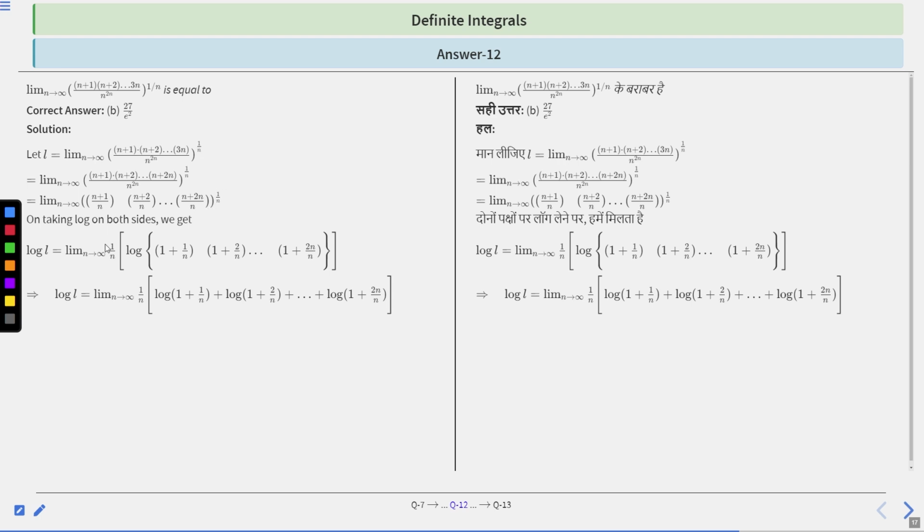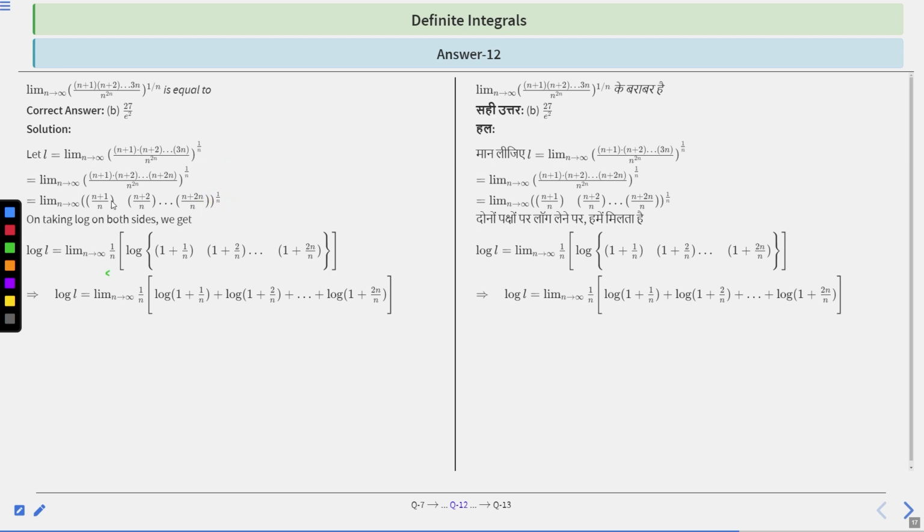Now, on taking log on both sides, we get log L is equal to limit n tending to infinity, 1 by n taken outside, log of 1 plus 1 by n. See, 1 by n will come outside here, right?